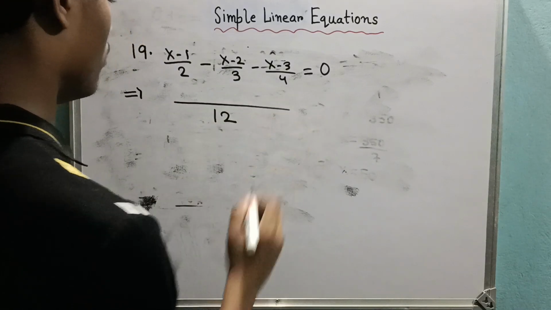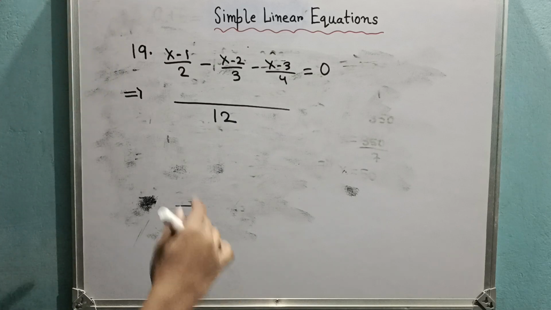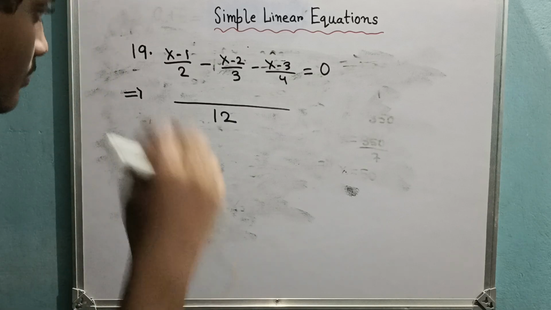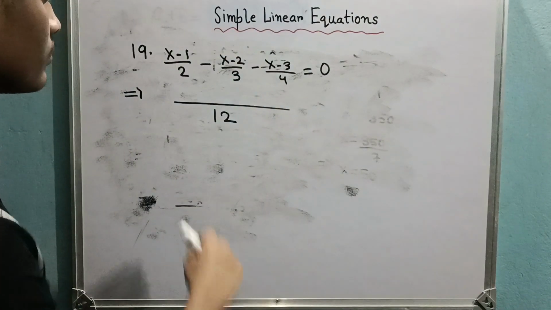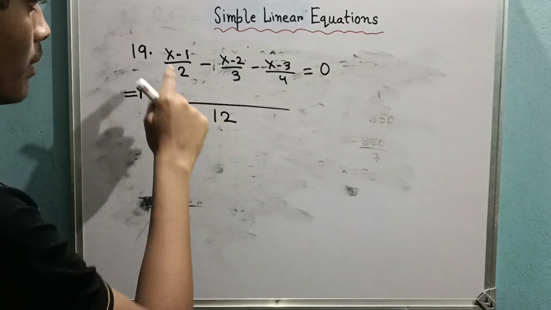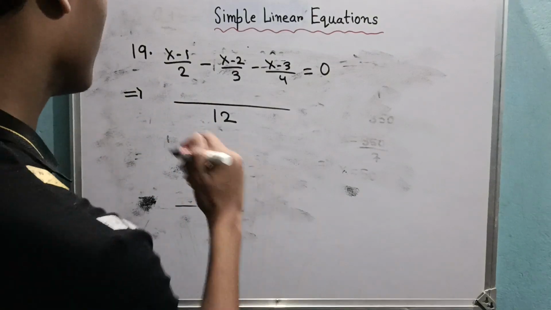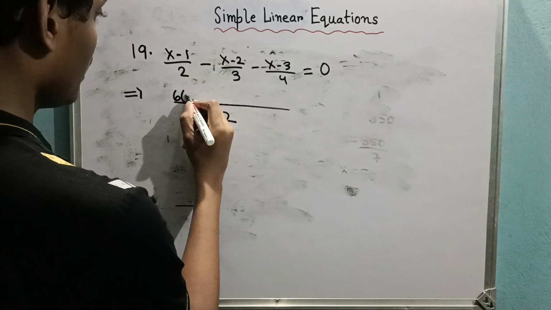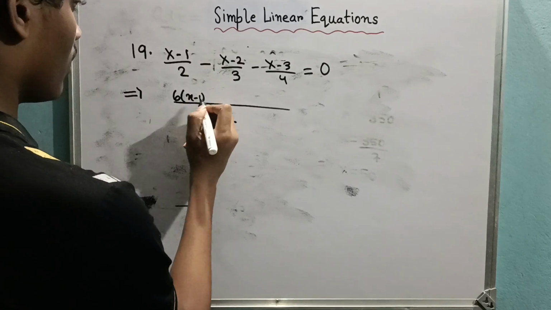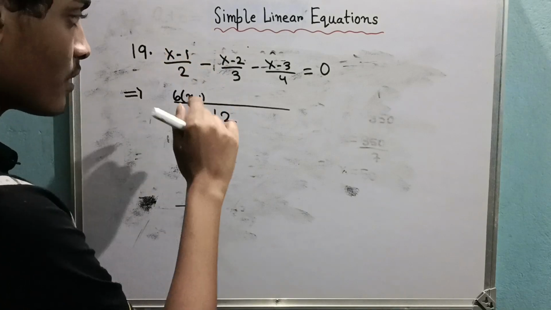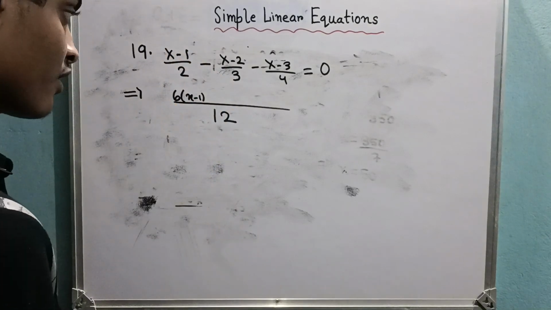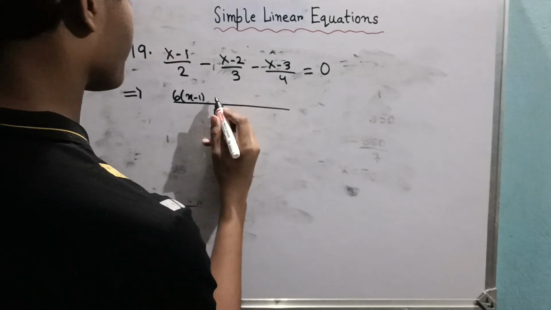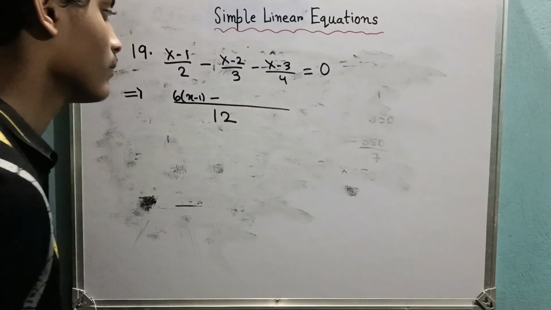So now, if I write the denominator as 12, then here you will see that 12 divided by 2 is equal to 6. So here we have x minus 1, so 6 into x minus 1. Here we were doing constant terms. Now it is a binomial expression. Okay. Minus.